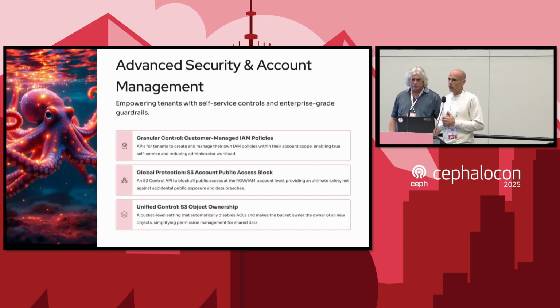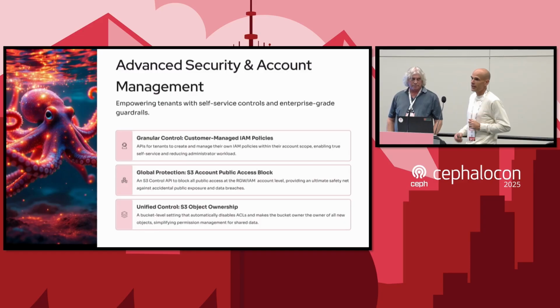And then here we also see quite a lot of people fighting with ACLs, in the sense that it's very easy to make a mistake and make those buckets publicly accessible. So we're trying to very easily control or remove or get rid of ACLs, and also disallow users from being able to enable public access to buckets.